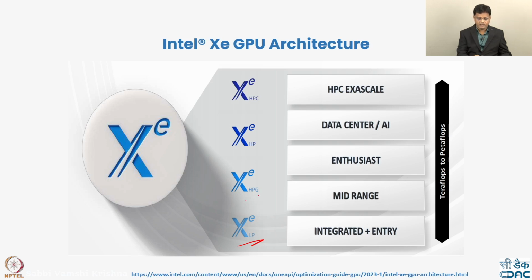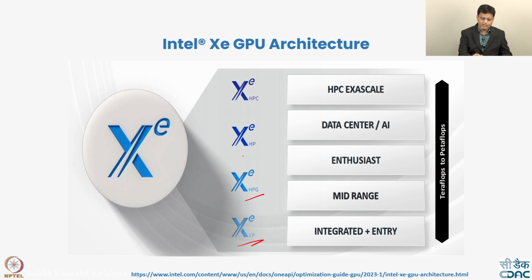Next one is HPG, high performance gaming. As the name itself suggests, this kind of GPUs are designed to provide high frame rate to support the gaming industries or impressive graphic applications.